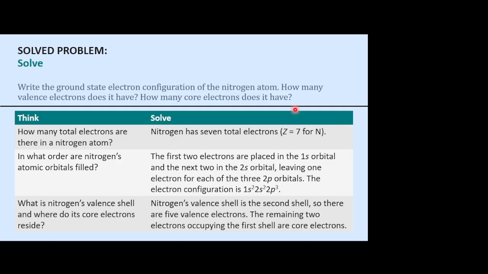In what order are the nitrogen atom's orbitals filled? Okay, there's the hard way and there's the easy way. I am not going to even bother teaching you the hard way because it is a stupid way to do it. I'm sorry if anybody likes that way. I have students that argue with me on this every semester I've taught general chemistry.